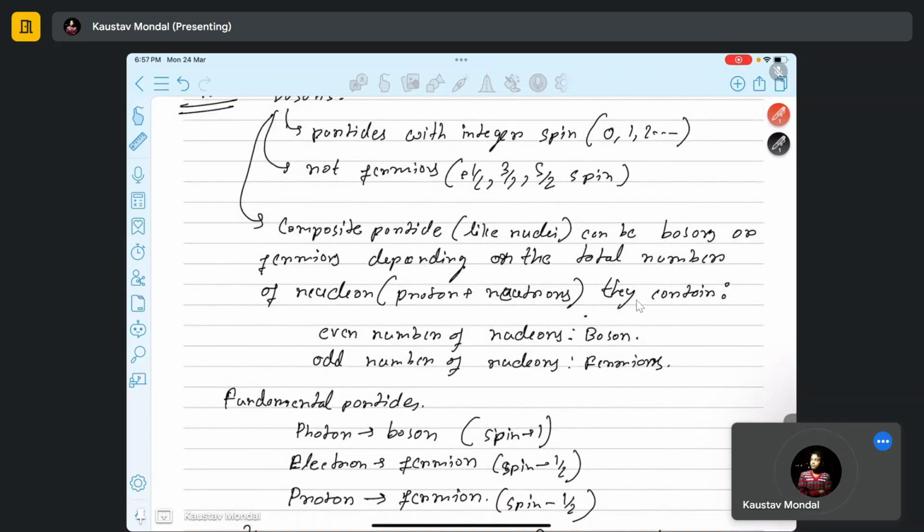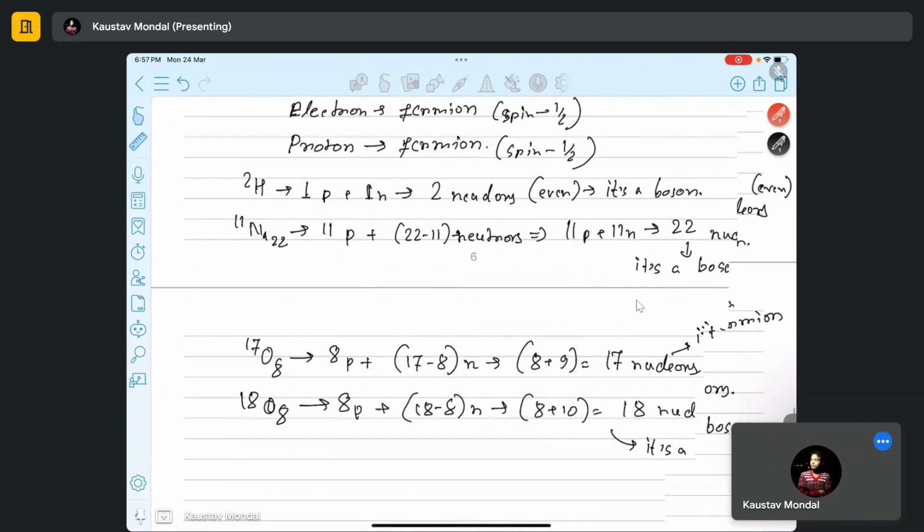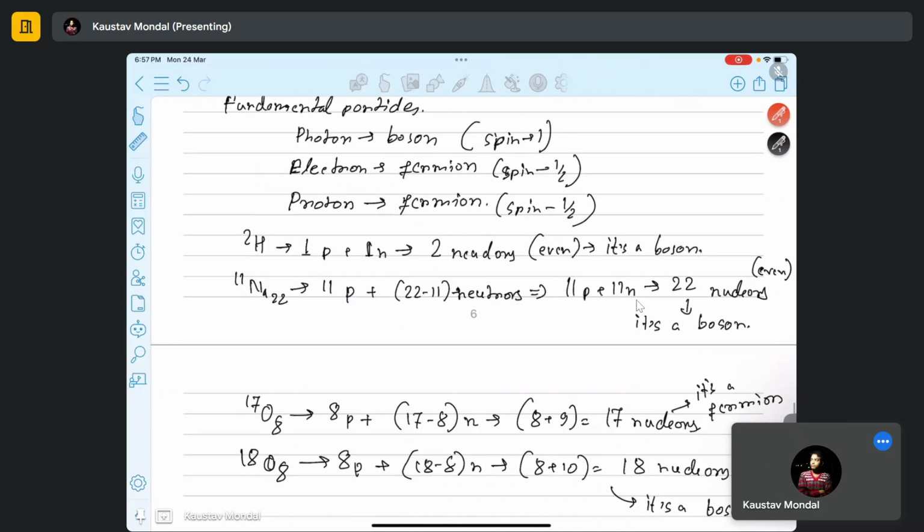If there is an even number of nucleons, that nucleus would be a boson, and if there is an odd number of nucleons, then that nucleus would simply be a fermion. So for composite particles, this is the way to calculate whether they are bosons or fermions. Fundamental particles you have to remember from the spin values, and that's it.